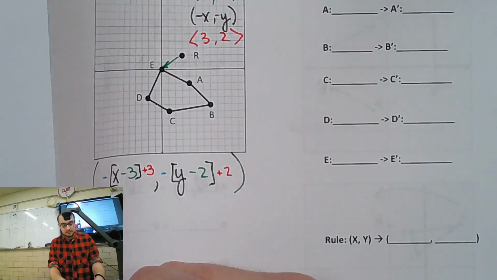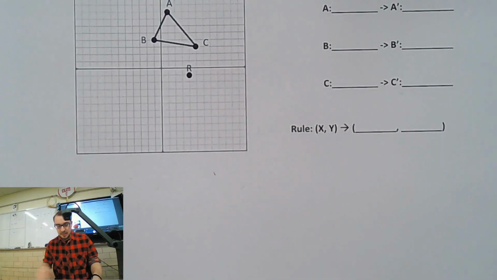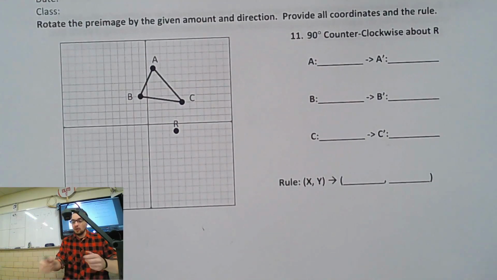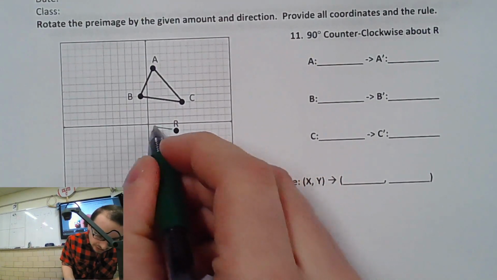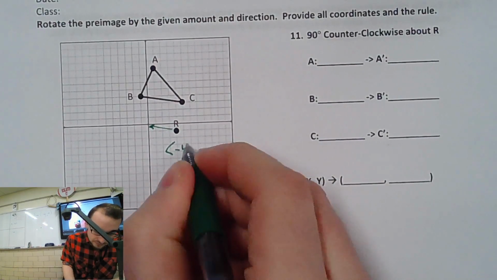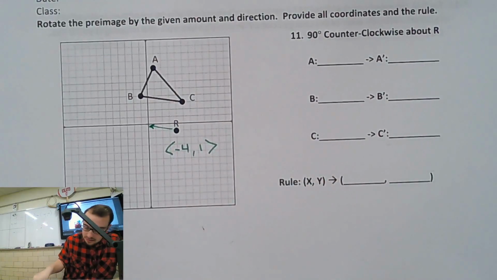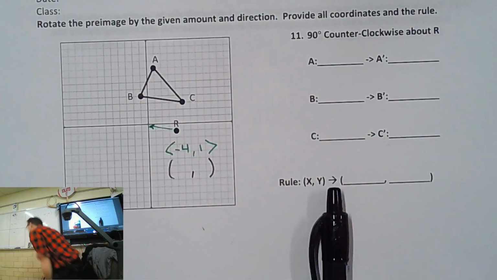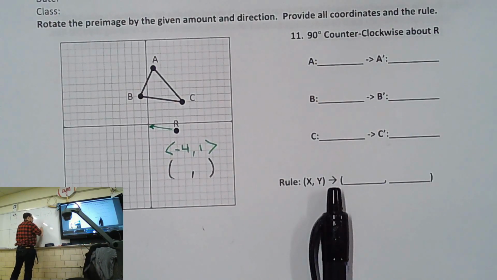Number 11. 90-degree counterclockwise rotation. Real quick, I'm not going to write the whole rule, but our vector looks like it's going up and to the left. So it's going to be 4 to the left and 1 up. What's the rule for a 90-degree counterclockwise rotation? Counterclockwise is this way.